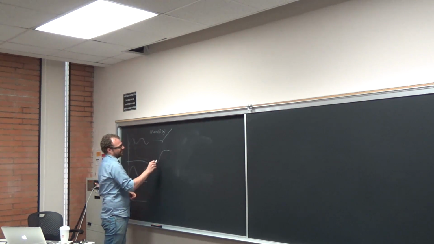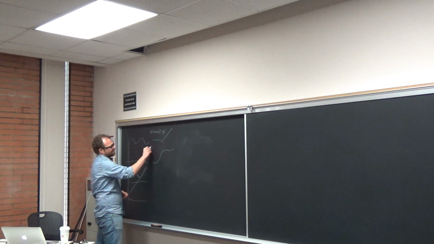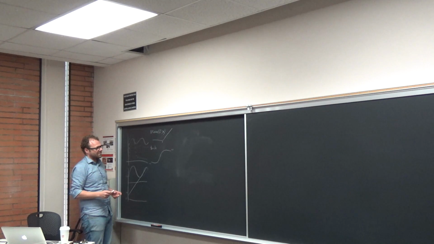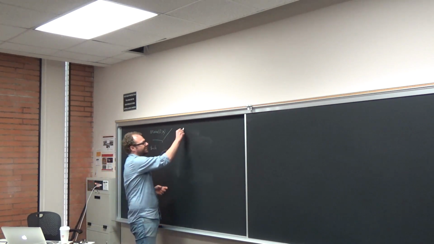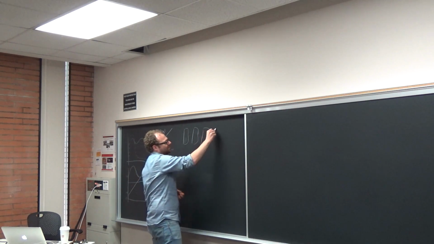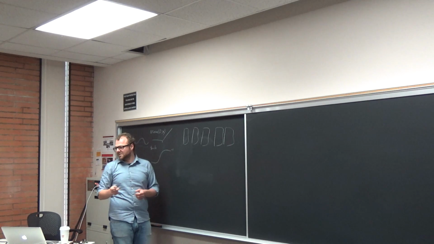But then you have the Tangens Hyperbolicus, 0 is here, so you have -1 here, and you have +1 there, and so that's tanh. And then we have a network with many layers, right?